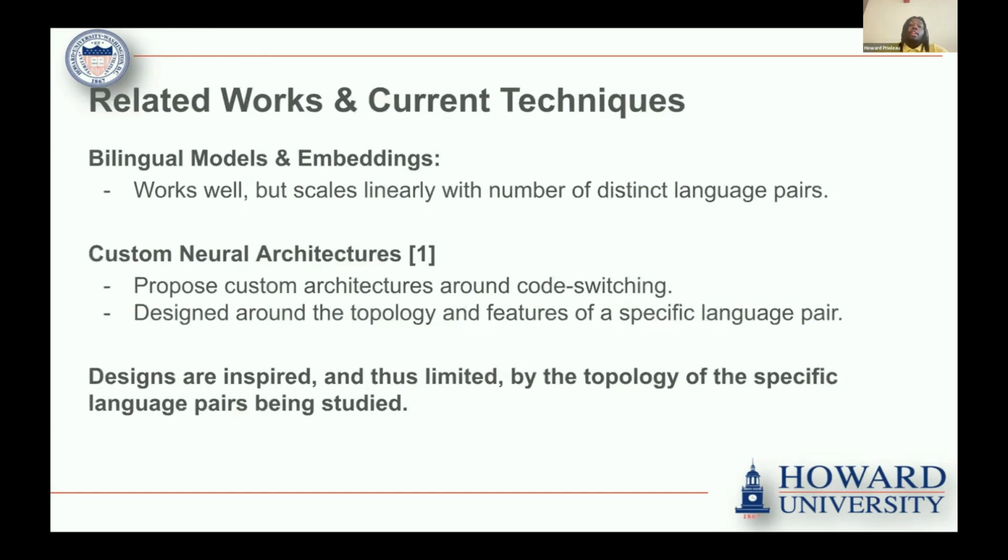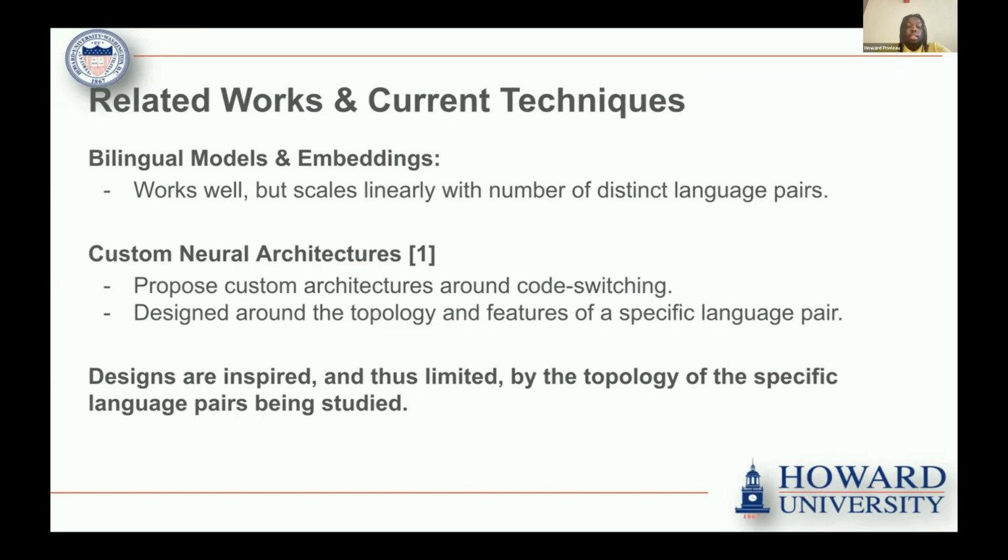Related works and current techniques. Currently, bilingual models and embeddings work well, but scale linearly with the number of distinct language pairs. Custom neural architectures have been proposed around code switching, designed around the topology and the features of specific language pairs.